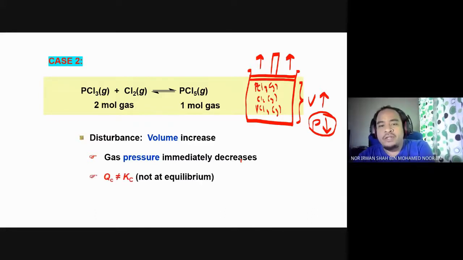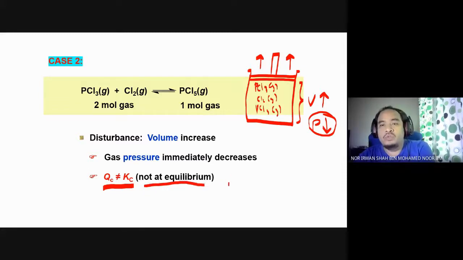So this is the disturbance. And since the gas pressure decreases, QC is not equal to KC, and that's why the system is no longer at equilibrium.